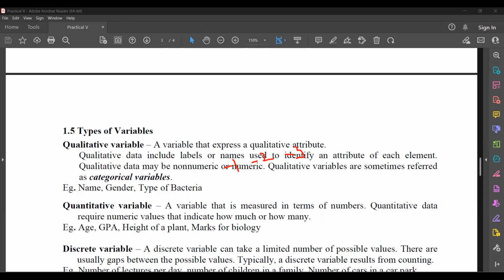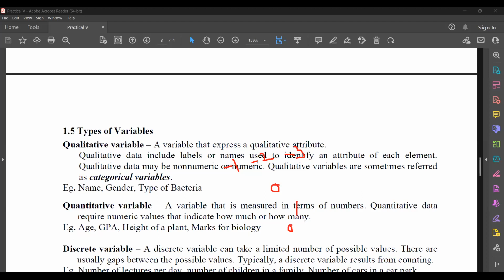There can't be negative numbers of children in a household. Is it okay to have 0? Yes. Sometimes certain families might not have any children, so 0 is a possible value. And 1, 2, 3, 4, 5, 6, likewise.